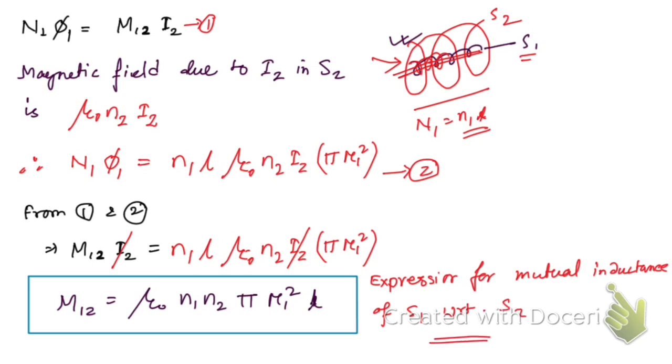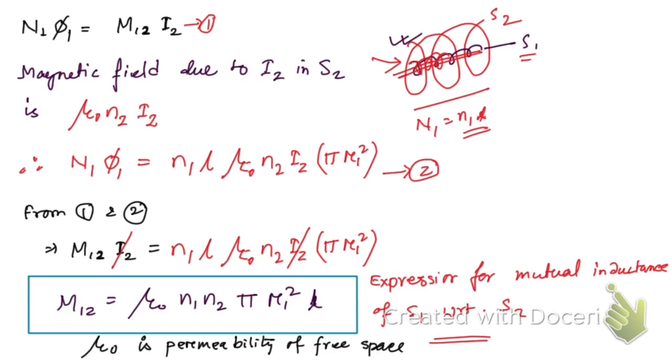That is what we needed to find, right? Hope you have understood this. Here this mu naught is nothing but the permeability of free space, right?